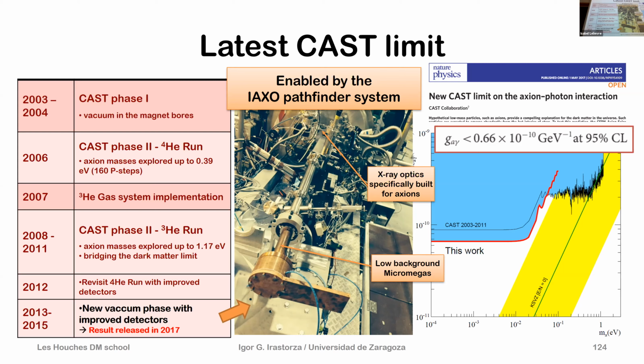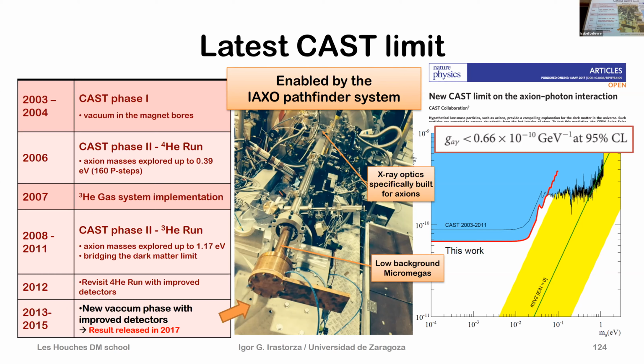You probably don't see this picture very well, but this is one of the detection lines, the most advanced of CAST, that helped us produce the last result. What you see here is one of the bores of the magnet, and in this case you have the optics that makes these photons converge into a focal spot, and then we have the detector placed at the focal spot.